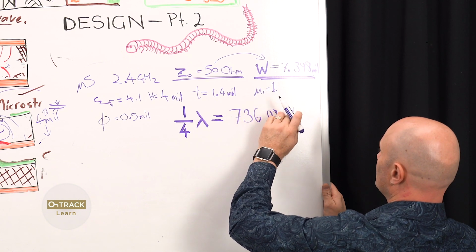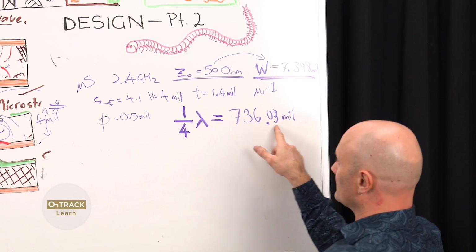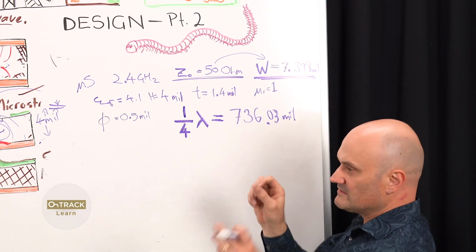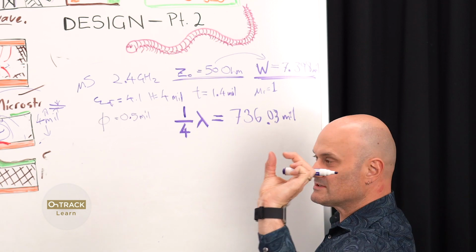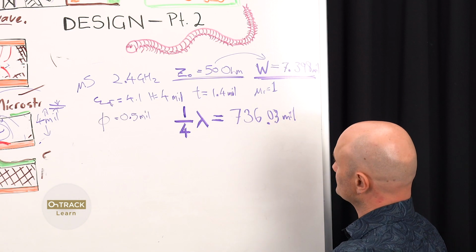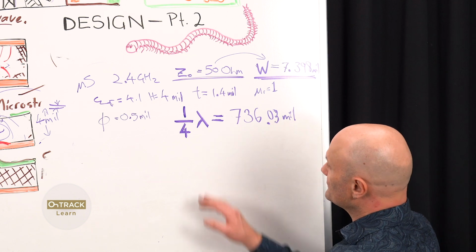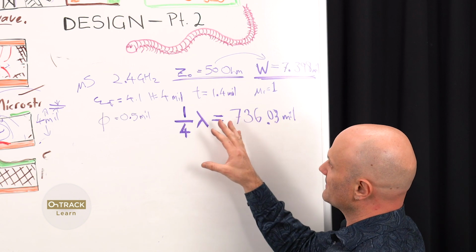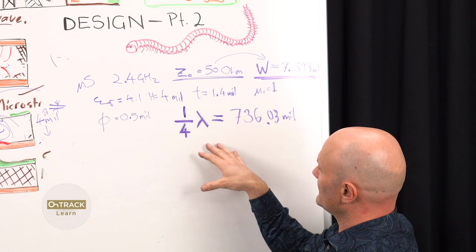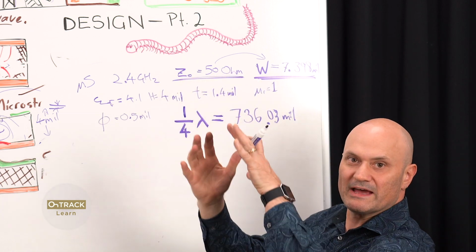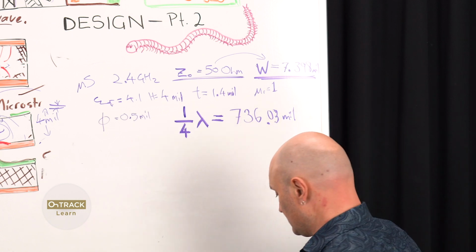So a quarter wavelength is fairly long. That's 736 mils long. That's 3/4 of an inch. It's pretty long. So if you're going to do any RF filters and other structures for 2.4 gigahertz with this setup, you're going to need a reasonable amount of room on the board to fit those things.